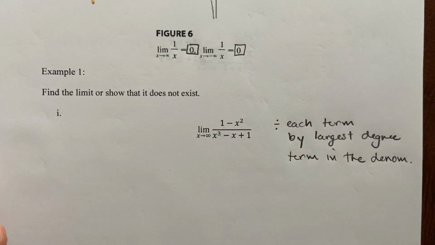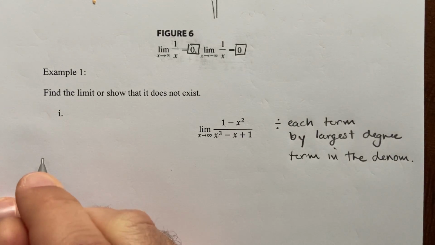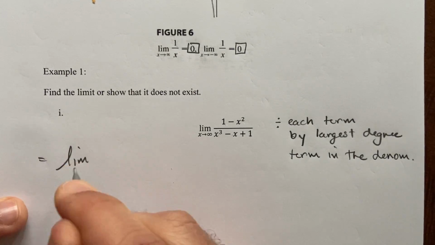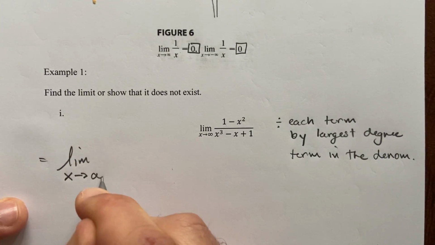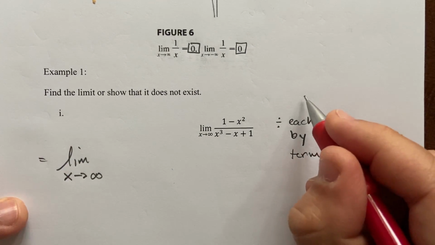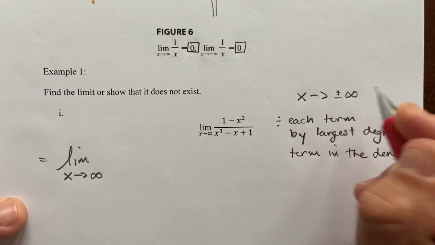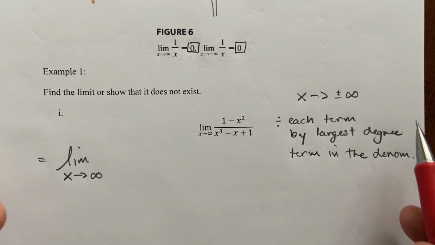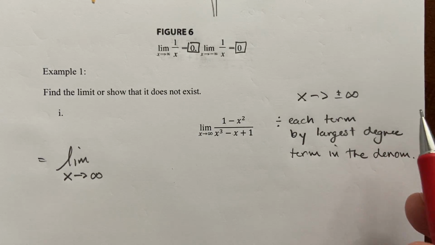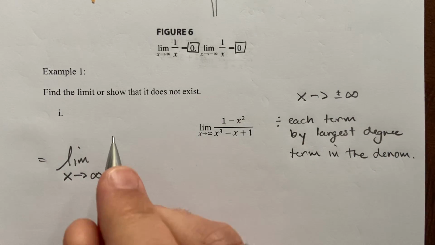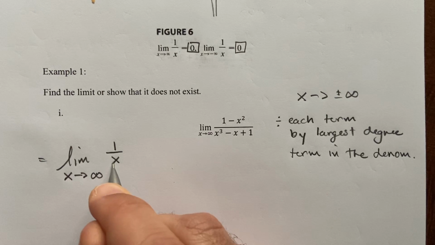Okay, so this is equal to the limit as x approaches infinity, and this is only the case for x approaching plus and minus infinity. You cannot get this same approach to work out if you're approaching 5 or something. So I'll go 1 over x cubed, right?